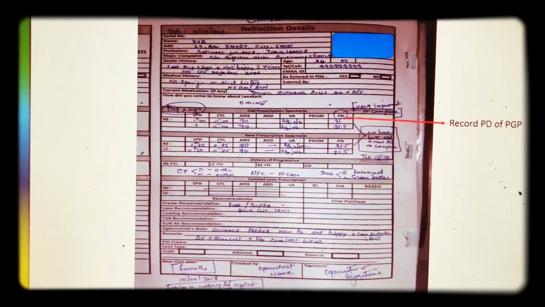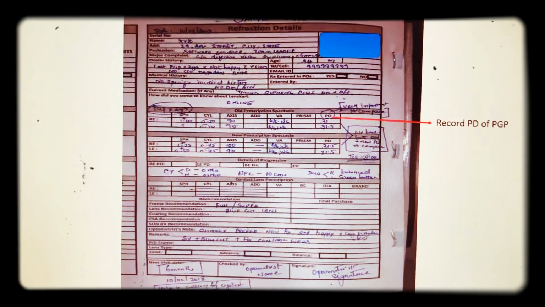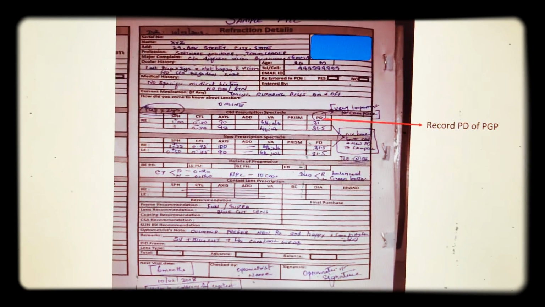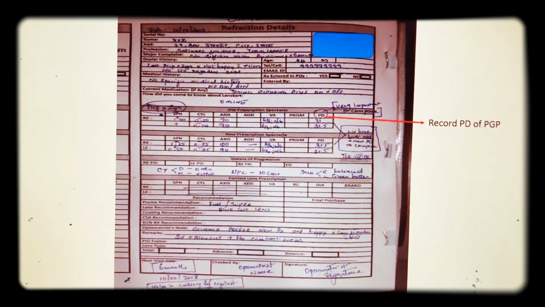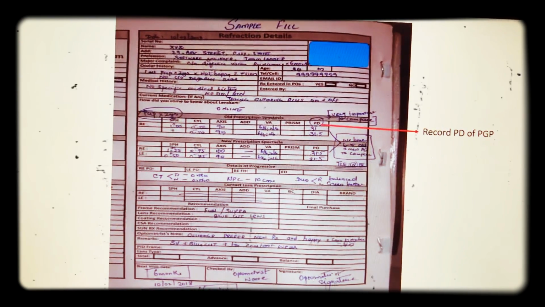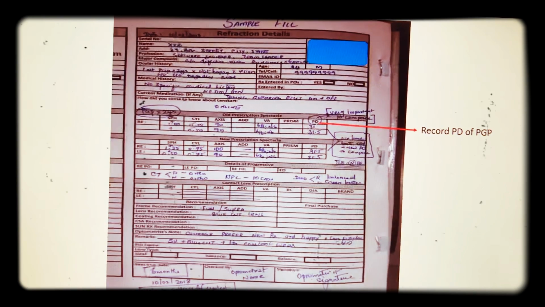If you see the second column where we did the refraction, we have written the current power of the customer, the vision with that power, and we have measured the PD with the help of the PD meter, and we have written the PD as 31.5 and 31.5.